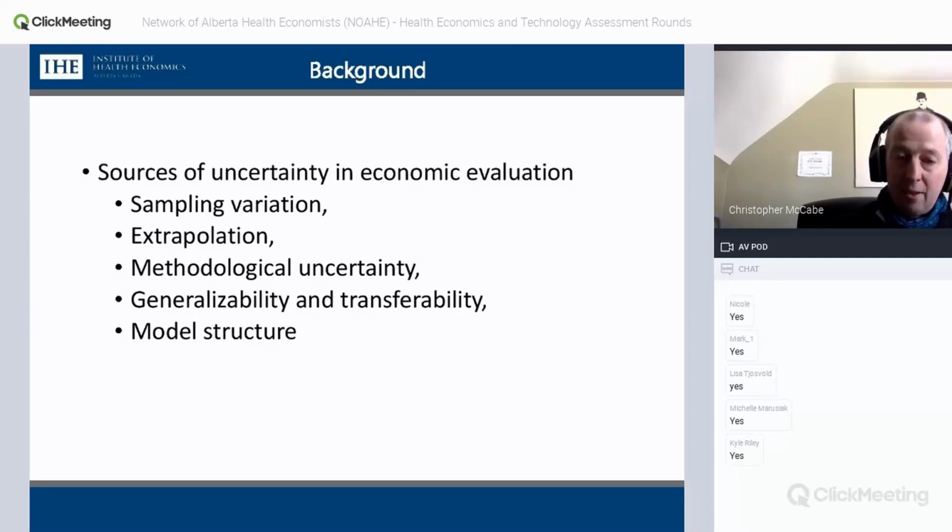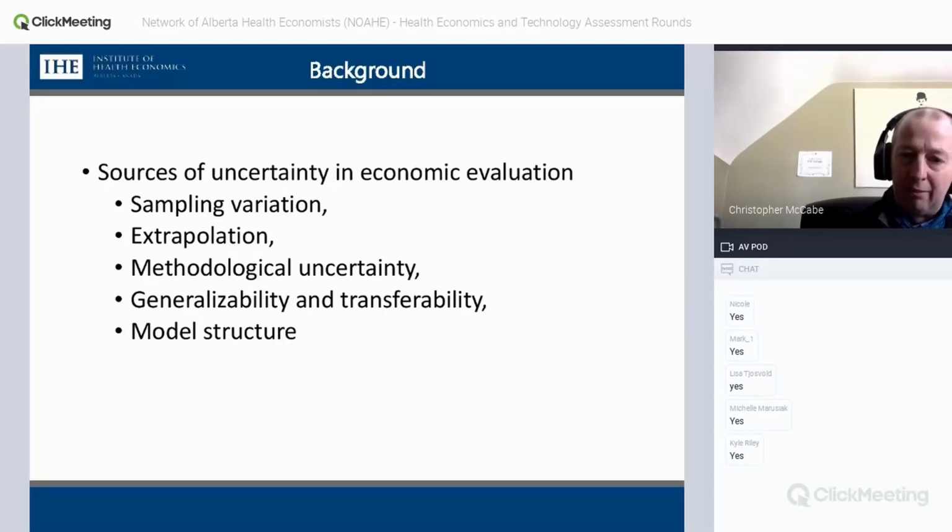And then there's model structure. Have we structured the decision problem? And is that reflected in the model correctly? There's the famous George Box comment that all models are wrong, but some models are useful, and that speaks to our uncertainty in the model structure.